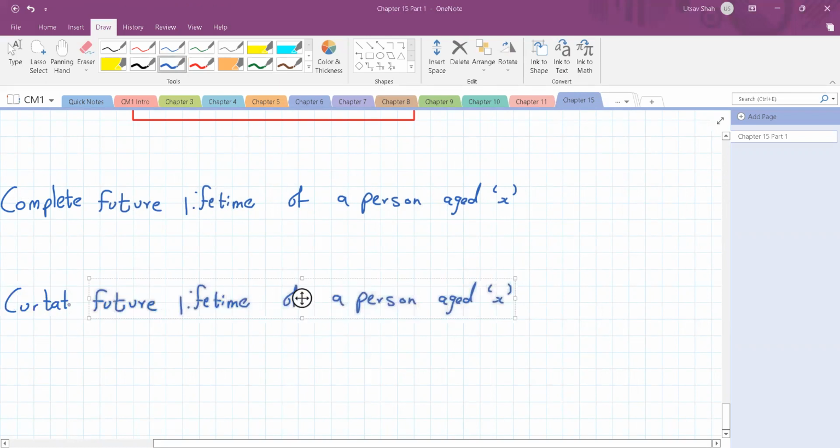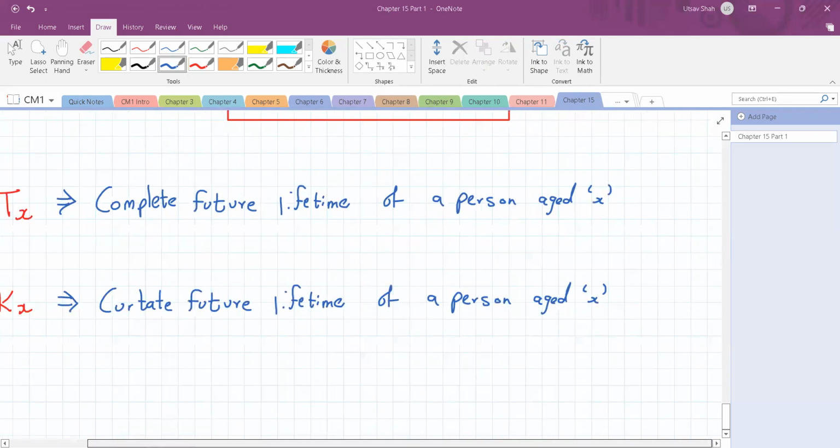This is the current future lifetime of a person aged x.